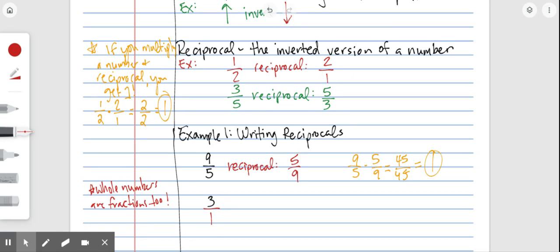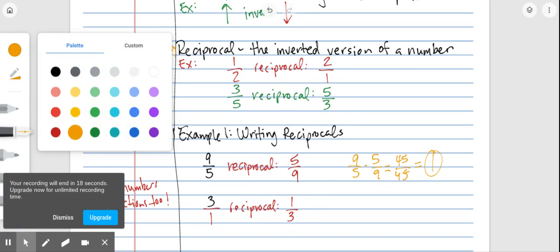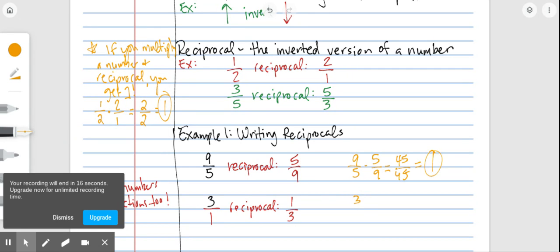So 3/1 means 3 whole numbers. If I write the reciprocal, then I've got 1/3. And again, I can check it just like I did on the last one. 3/1 times 1/3 equals 3/3, which equals 1. Okay.